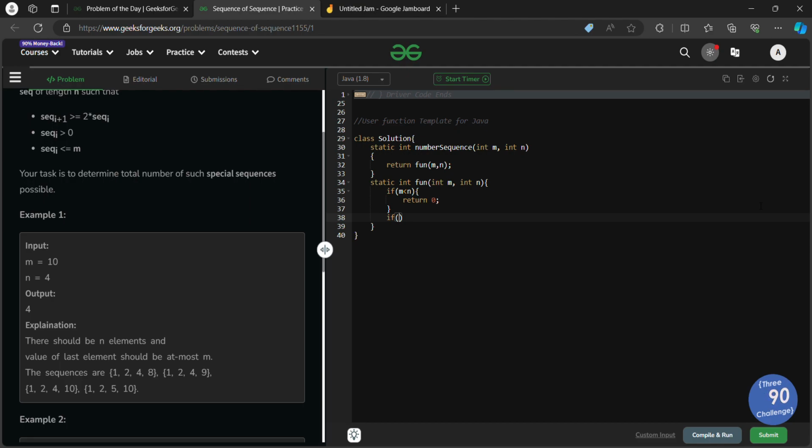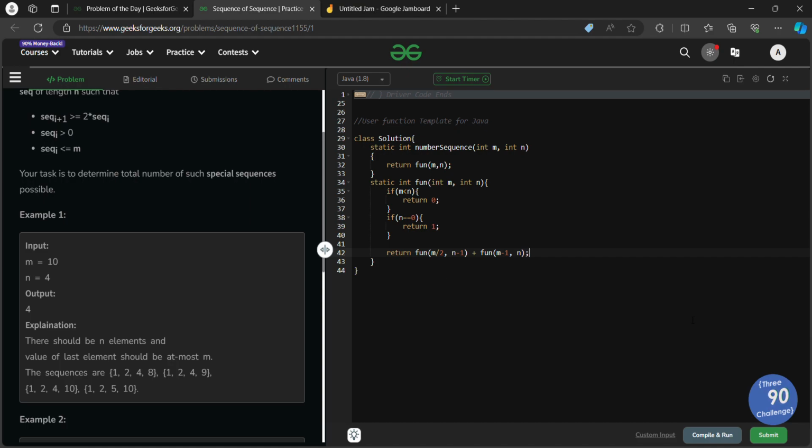And if we have n equal to 0, in that case we need to return 1. And after that, first we consider our m is a last element. In that case we need to do m divide by 2 and size decrease by 1, okay. And second case is that if not consider m is a last element, then go with the m minus 1 and size will be same, okay.